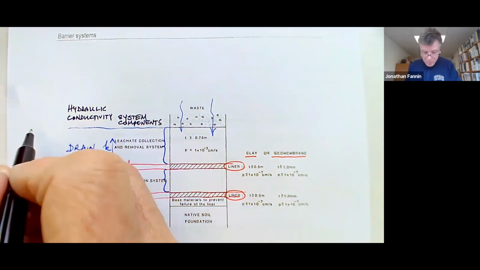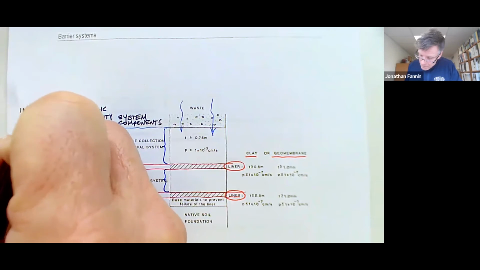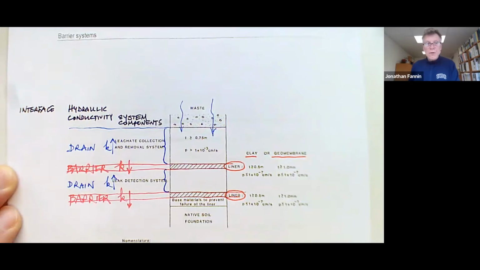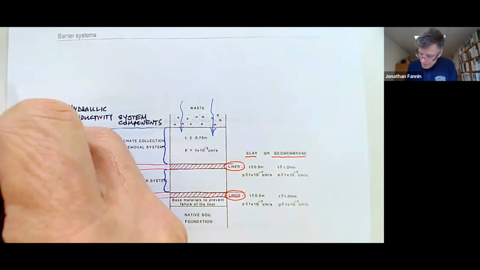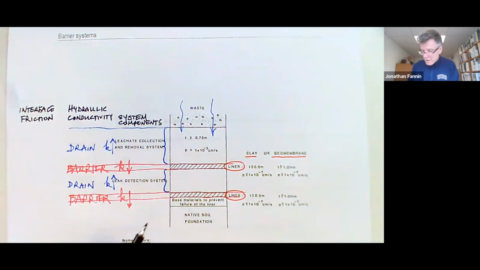And then let's put beside that interface strength. I'm going to depict the strength as a frictional strength. So let's call that interface friction. And now we could go and look at those.